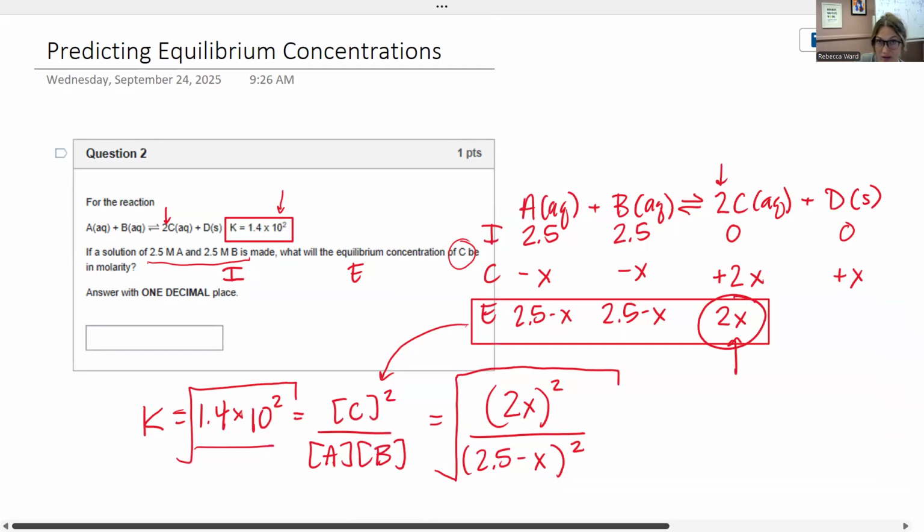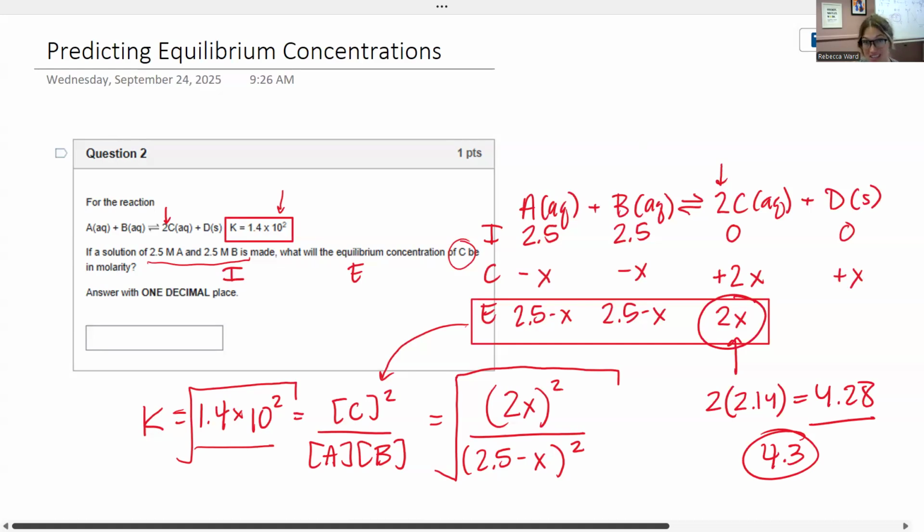C is 2x. So I should have 2 times that x value we just solved for. Okay, so it's 4.3. All right, that's the number I'm looking for.